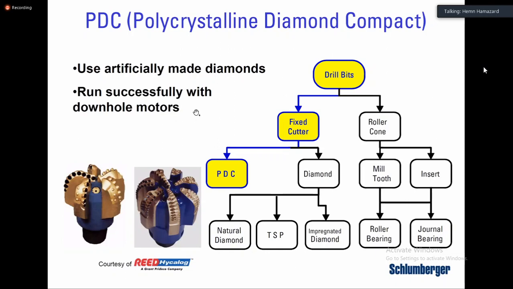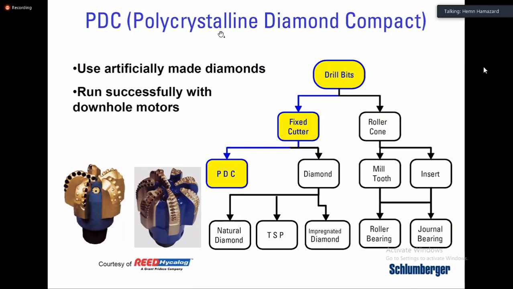Nowadays it's proven that they are more aggressive and more durable, and give you more ROP compared to the tricone bits or roller cone bits. But on the other hand, they create a lot of torque and drag while drilling. It's more aggressive. This type of fixed cutter bit is called a PDC bit, as you see on the shared screen.